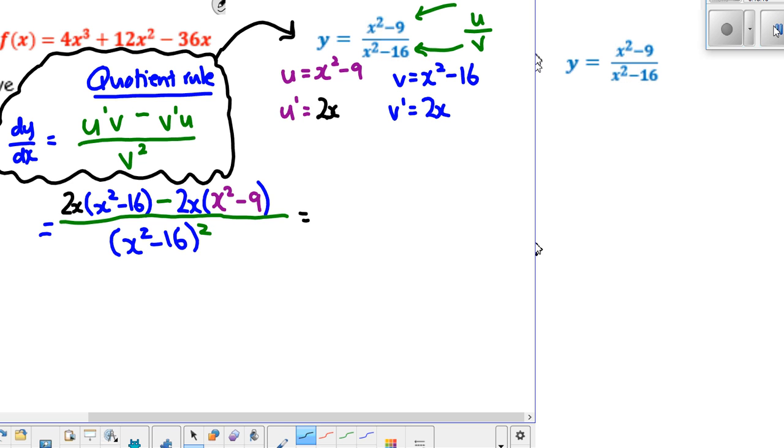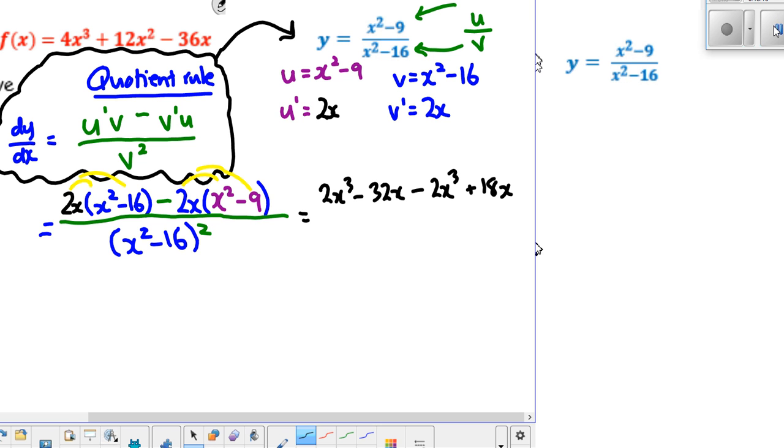Bella, what did I put again to start with? 2x cubed minus 32x, and then minus 2x cubed minus 18. Just a negative 2x. Oh, right, plus 18. I would have done the same thing.